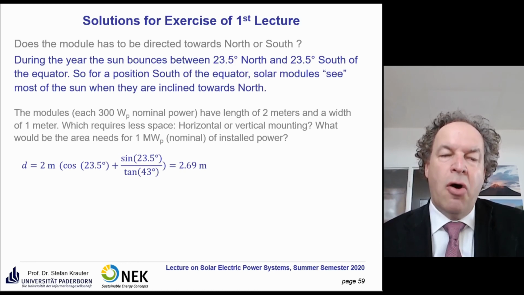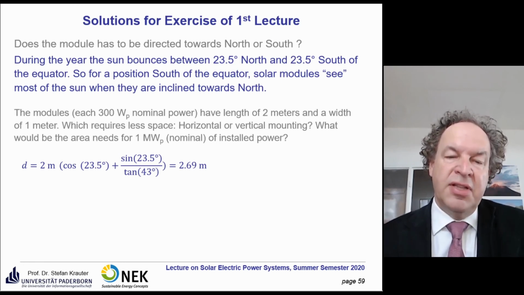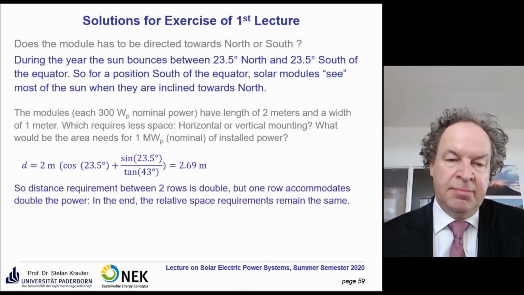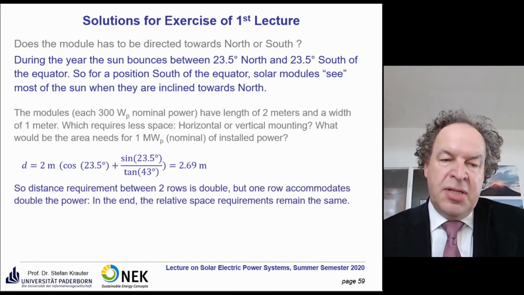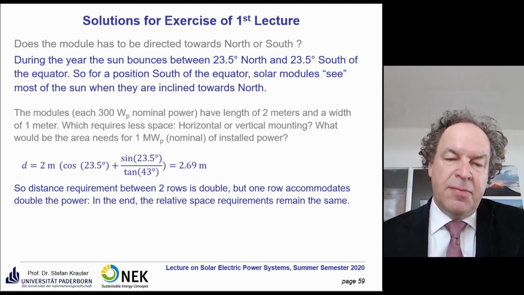If we now mount it vertically, our length at the cross section is 2 meters, and altogether we have a distance we have to keep of 2.69 meters. So the distance requirement between two rows is now double, but it accommodates double the amount of modules, or double the power, and in the end the relative space requirement remains the same.